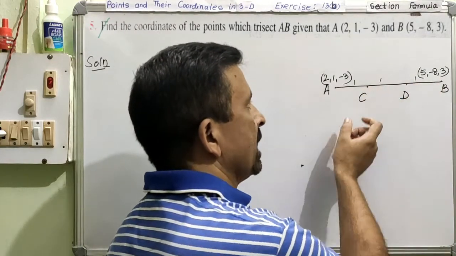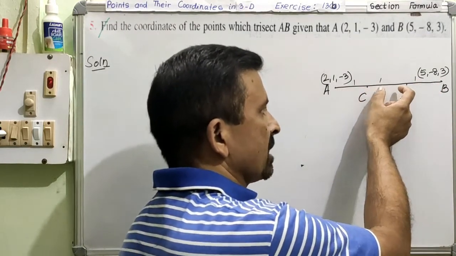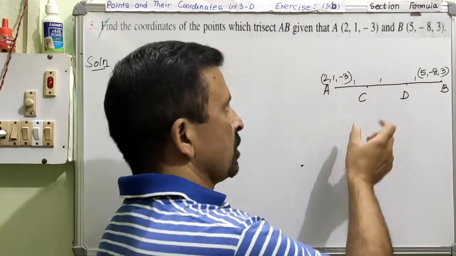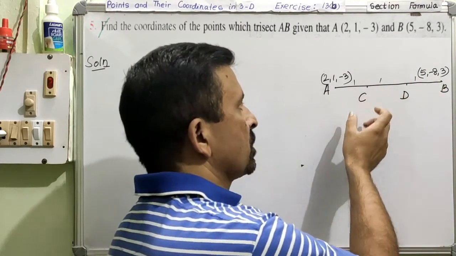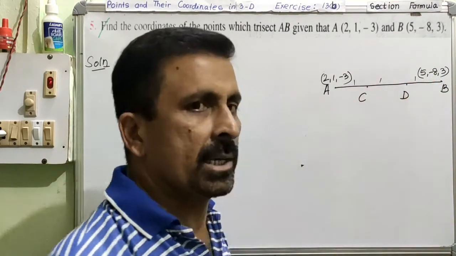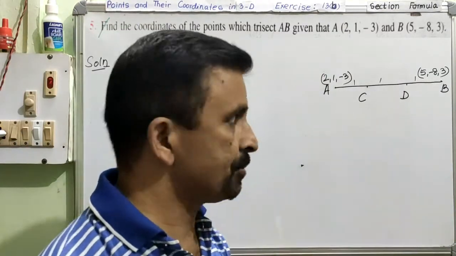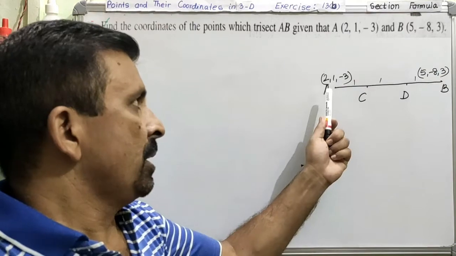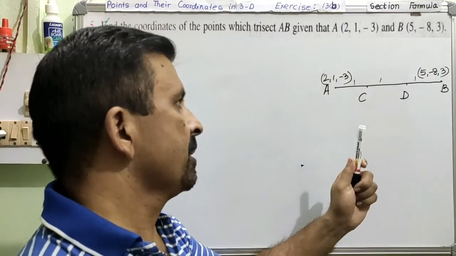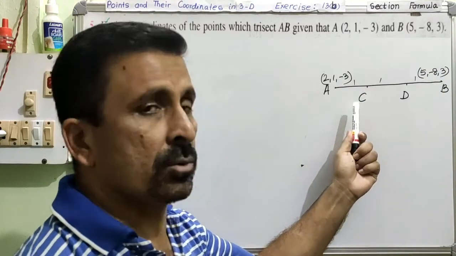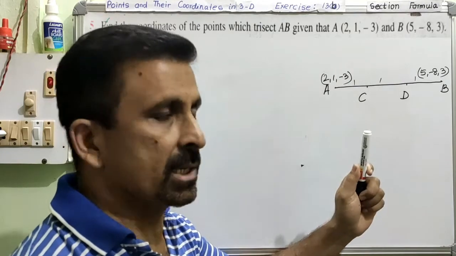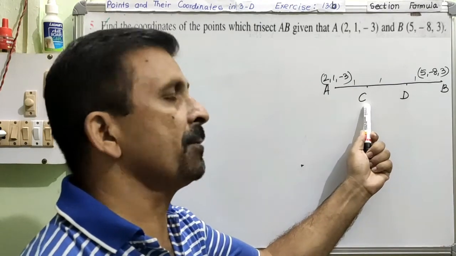Their length will be the same. If this is 2 centimeter, then this is 2 centimeter, then this is also 2 centimeter. So if you try to write down the ratio, 2:2:2, it will all cancel, no? And then finally you will get the answer as 1:1:1. So the join of AB is divided into 3 equal parts. Now the question is to find the coordinate of the points of trisection.